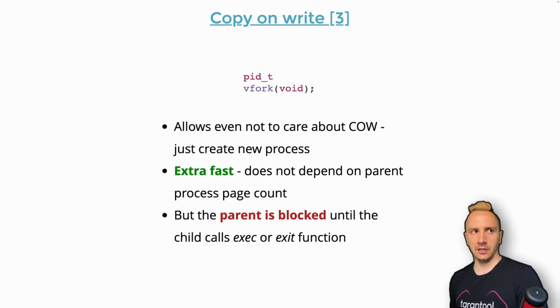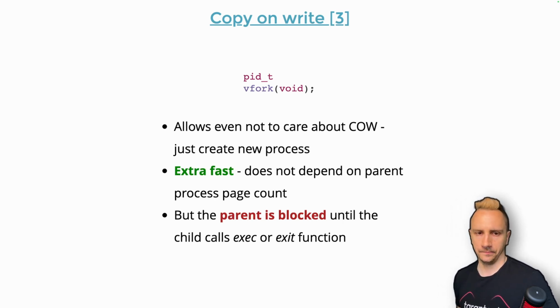Because like I said, you don't need to copy all the memory actually when the fork happens. But you need to mark all the memory with this special hardware flag, so when the write does happen, it is noticed and the copying can be performed.